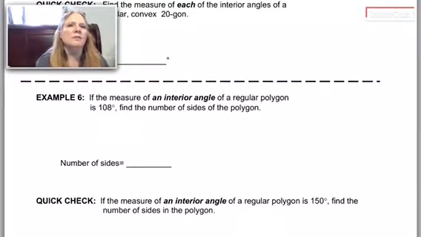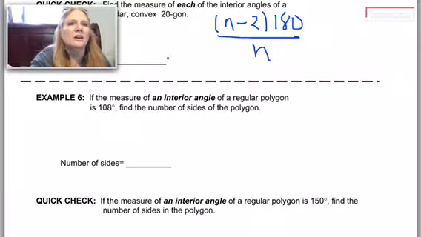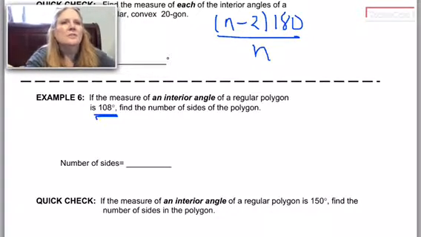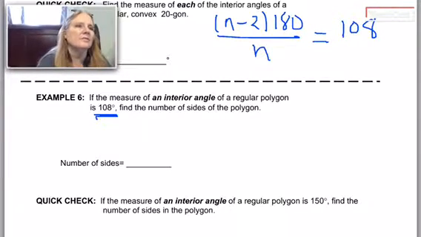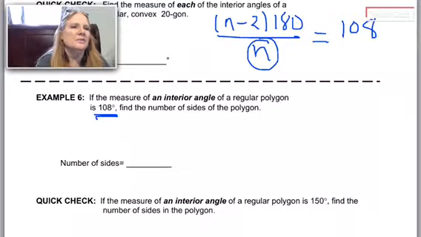We know the formula for finding the measure of an interior angle is n minus 2 times 180 divided by n. They're telling us that the answer to that problem is 108. There are a couple different ways to go about this, but the first thing I think you should do is get rid of the division by n, because that will make it easier.